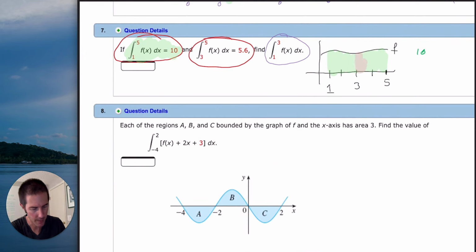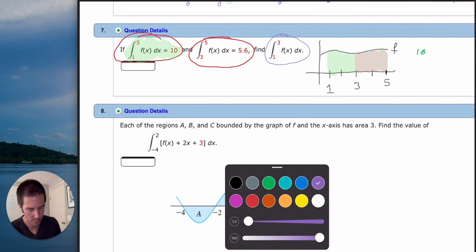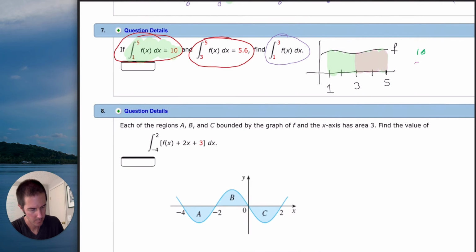From 3 to 5, this area is 5.6. So the entire area from 1 to 5 is 10. The right-hand half, so to speak, of that area from 3 to 5 is 5.6.